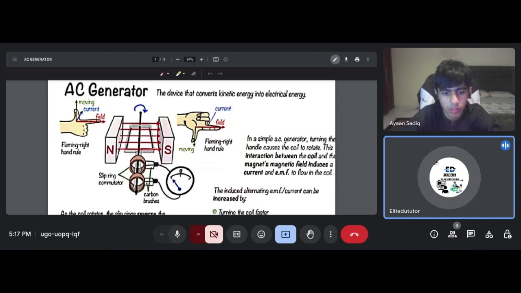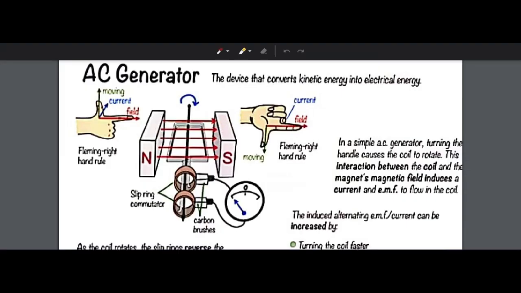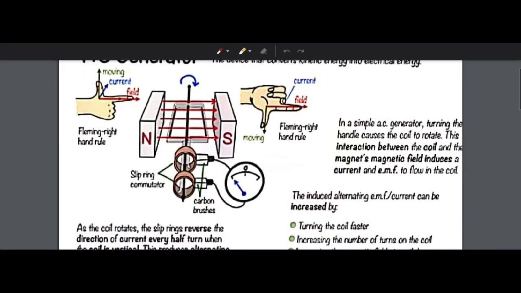In a simple AC generator, turning the handle causes the coil to rotate. This interaction between the coil and the magnetic field lines induces a current when the coil starts to rotate like this.